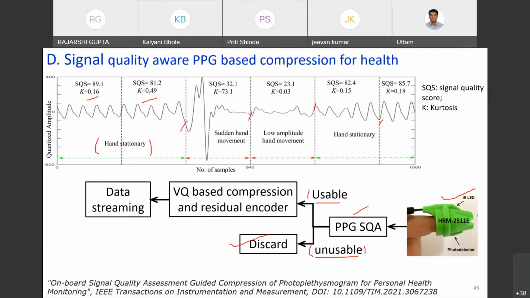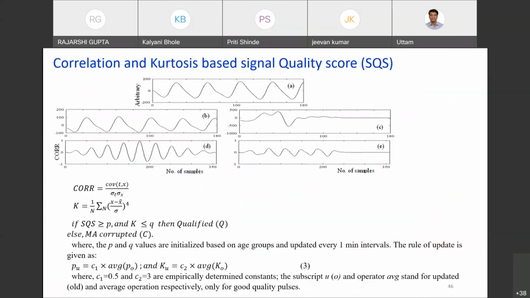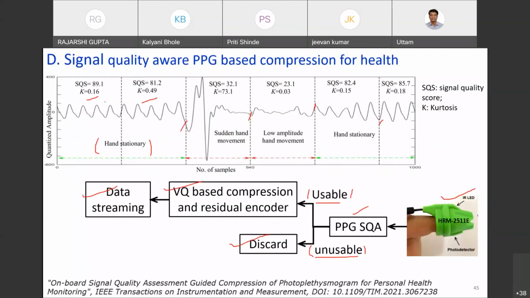Using the usable signal, we developed a vector quantization based compression and residual encoding strategy, and then we streamed the data using a Bluetooth module, AC05, I can't remember exactly, AC05 or AC06.